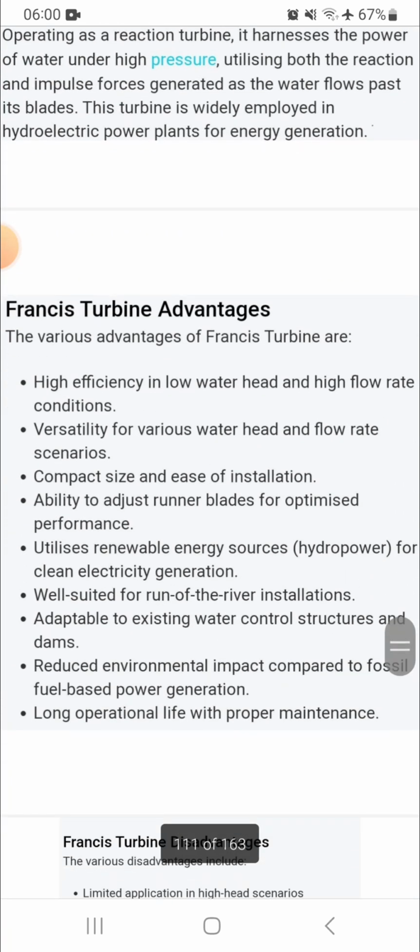Advantages: high efficiency in low water head and high flow rate conditions, versatility for various water head and flow rate scenarios, compact size and ease of installation, ability to adjust runner blades for optimized performance, utilizes renewable energy sources for clean electricity generation, well suited for run of the river installations, adaptable to existing water control structures and dams, reduced environmental impact compared to fossil fuel based power generation, long operation life with proper maintenance.